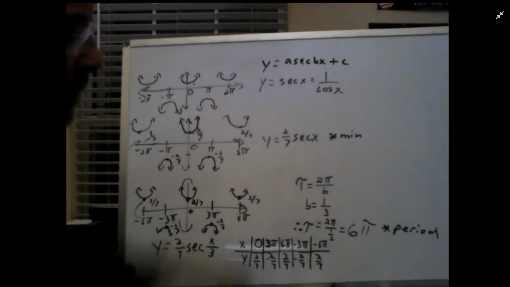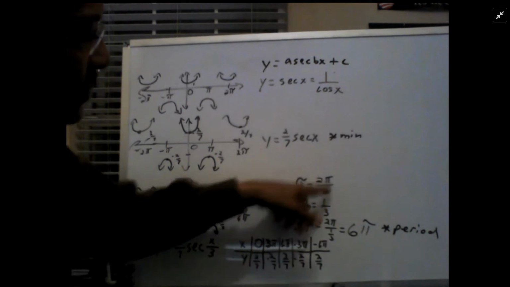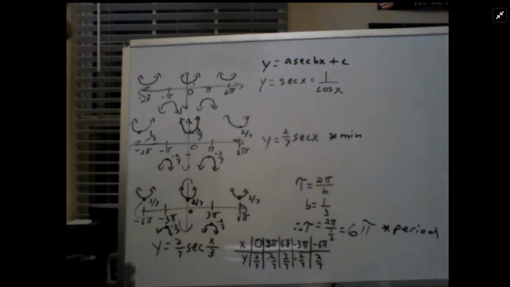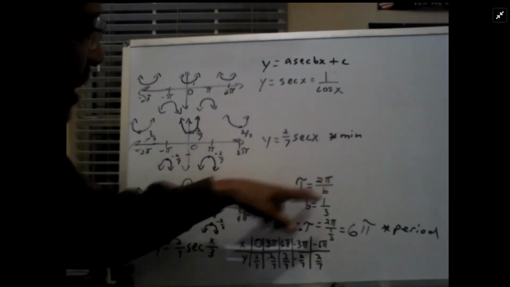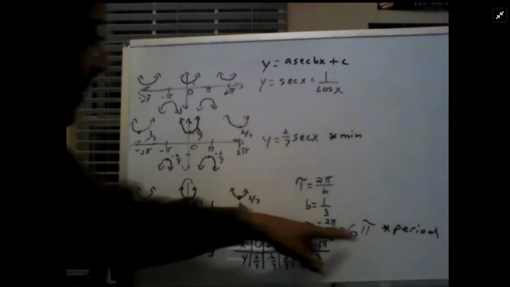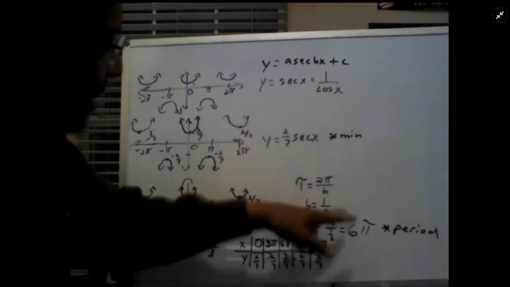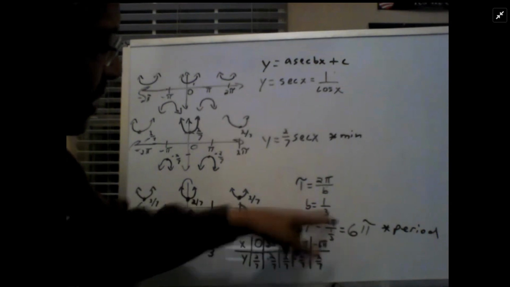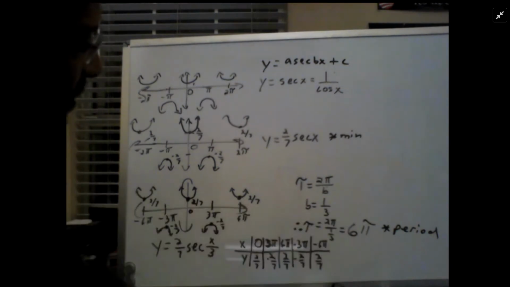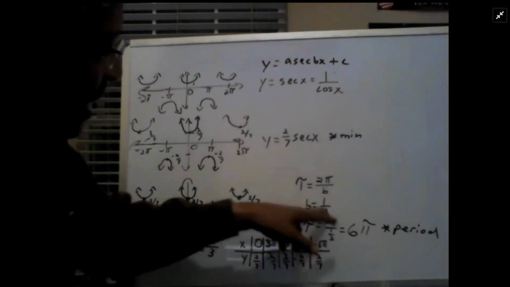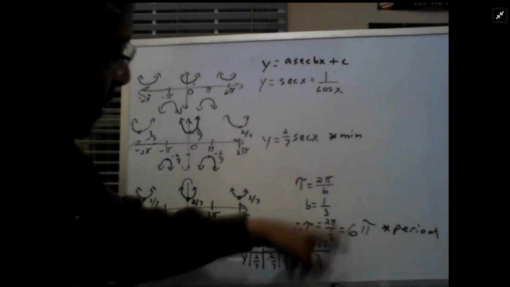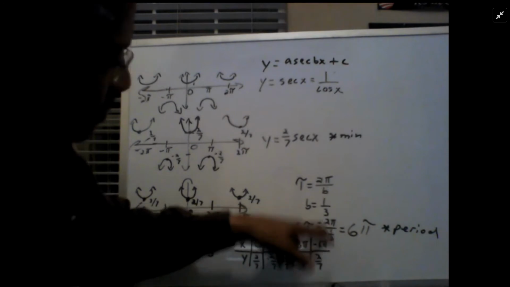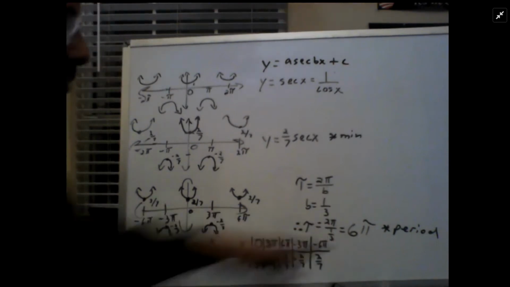The ordinary period is tau equals 2 pi over b. Well, this time, if we want the period to be 6 pi, notice how 6 pi would equal 2 pi over b, the b would have to be 1/3, because 2 pi divided by 1/3, when you flip the 1/3, you get 6 pi.